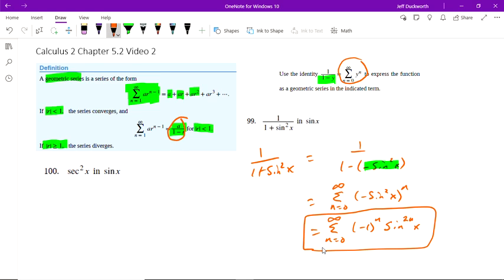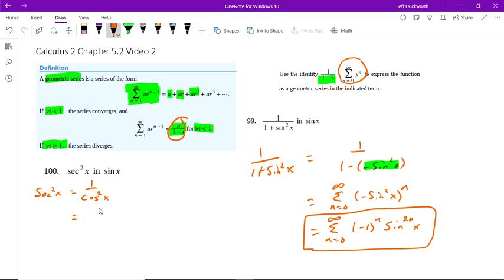All right, so number 100 over here on the left is going to make us do a little bit more work because they want it to be in sine of x. So let's go with, we've got secant squared. Well, secant is 1 over cosine, so this will equal 1 over cosine squared of x. But we need it in terms of sine. Well, we can use sine squared x plus cosine squared x equals 1.